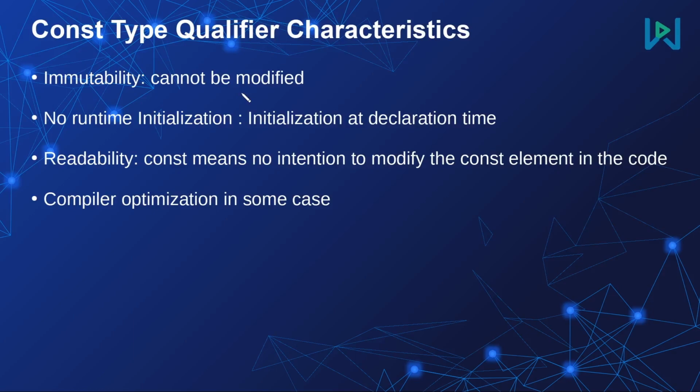Once we have declared our C variable or buffer and marked it using this const type qualifier, we cannot modify it anymore within our C program. This is what is called immutability. It means any attempt to reinitialize or modify this const variable or buffer will cause a compile time error.